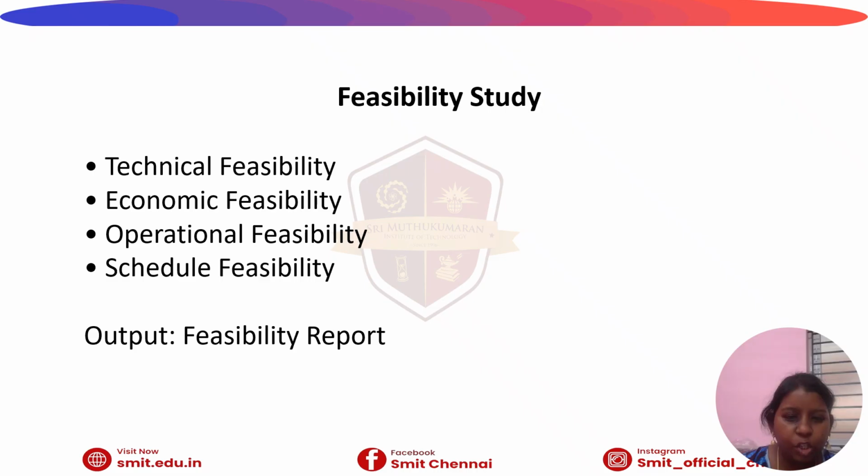In the requirement engineering process, the first step is the feasibility study. From the word itself, here we are going to do some study process to get a feasibility report. At the end of the feasibility study, we provide the report for the technical, economic, operational and schedule aspects. We generate a feasibility report.